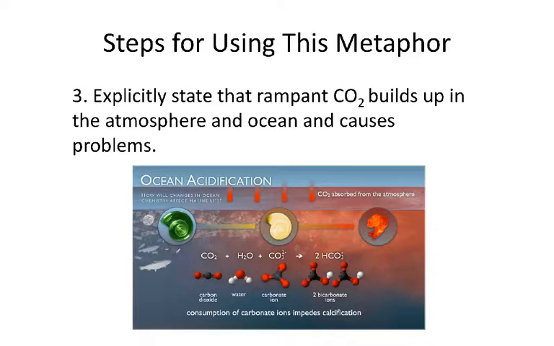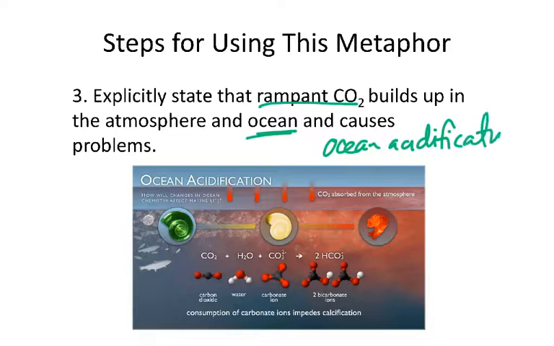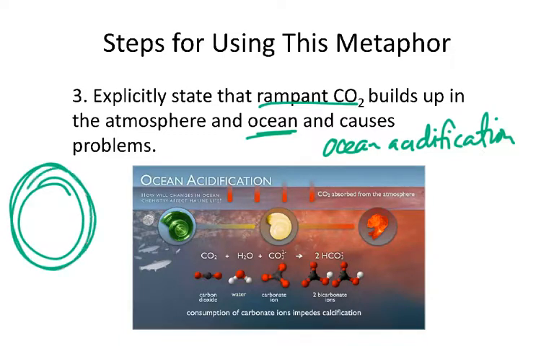One result of this rampant CO2 that's causing problems in the oceans in particular is something called ocean acidification. When this CO2 is released as we burn fossil fuels, some of it is released in the atmosphere and causes that blanket. Some of it is absorbed by the oceans.